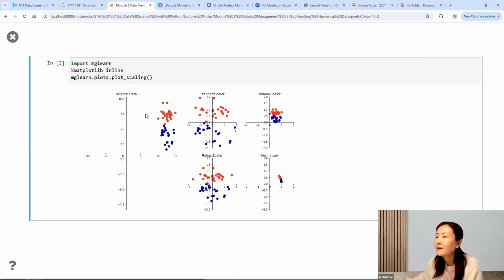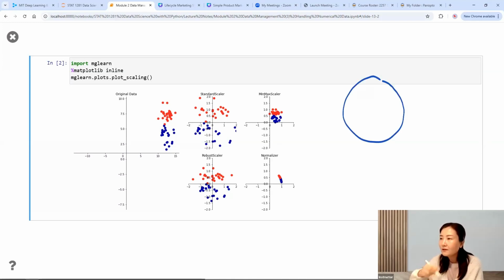For the standard scaler, after you standardize, subtracting the mean and dividing by the standard deviation, the data will be within a circular cloud. But there is no specific boundary.